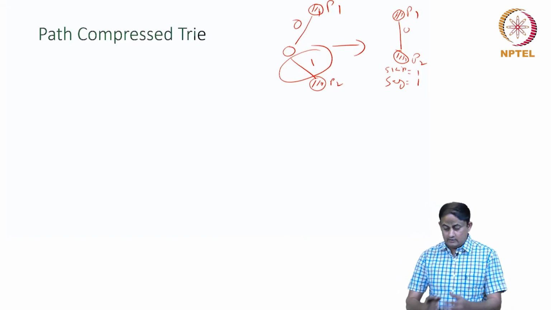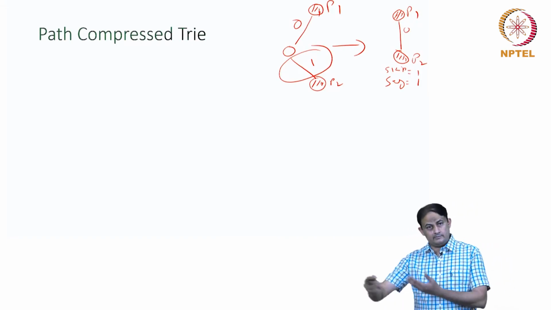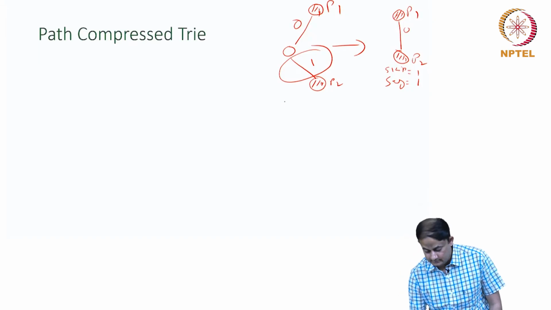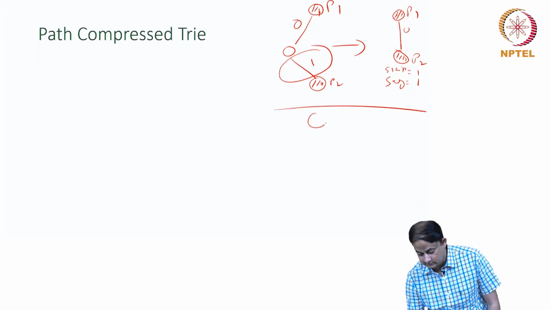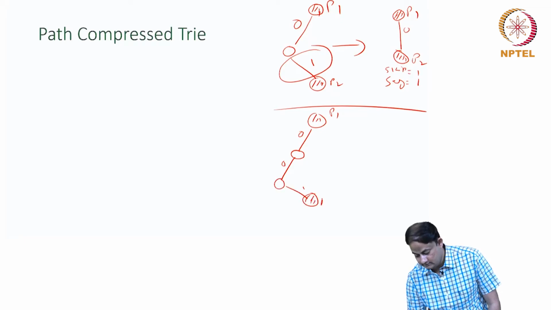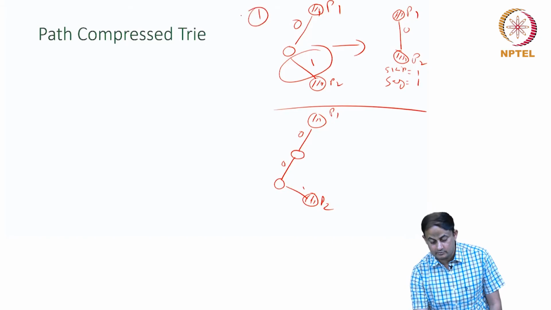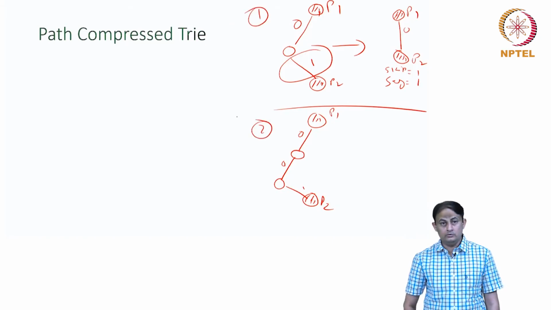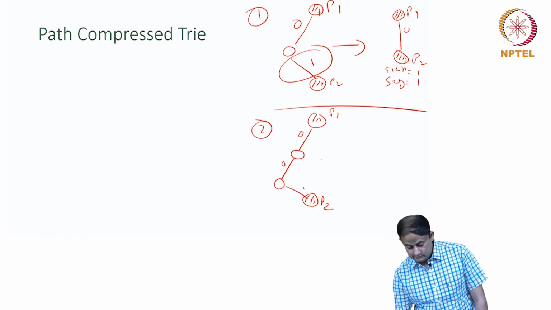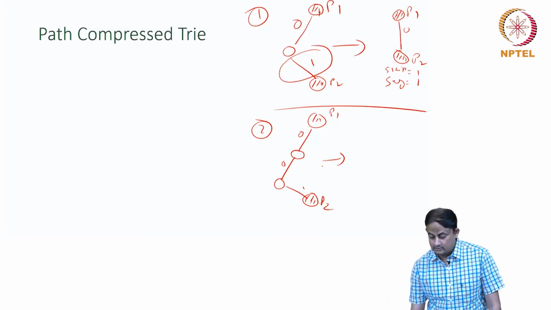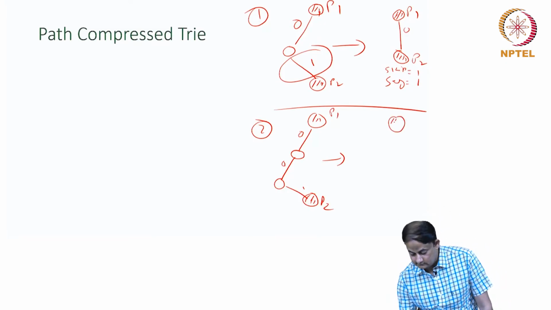It is not necessary that only one bit is skipped, it might be more than that. For example, this is one example. If I have a trie which is in this format, a 0, 1, and then a 0 and then a 1. So, this is my P2, this is example number 1, this is example number 2, and when I do this version, what I want to do is to get this.